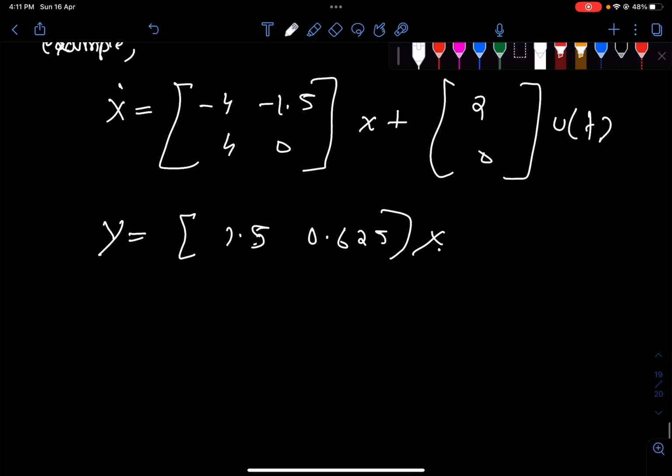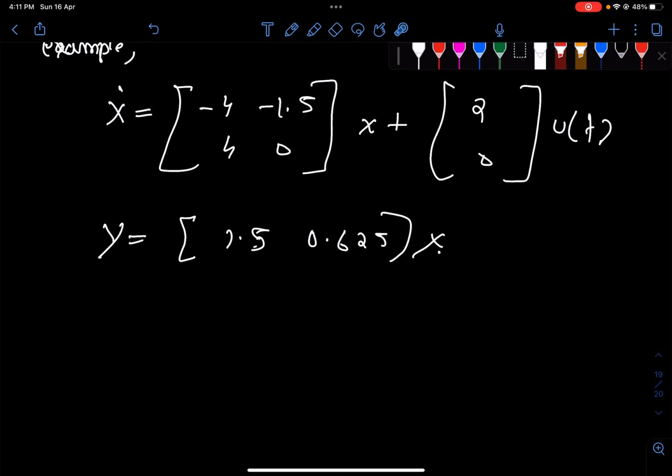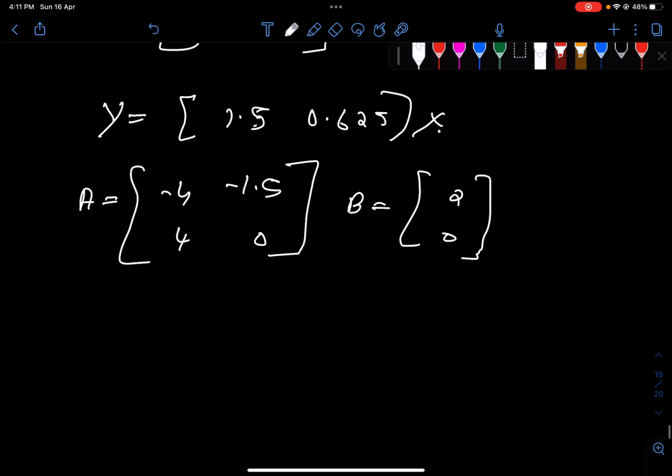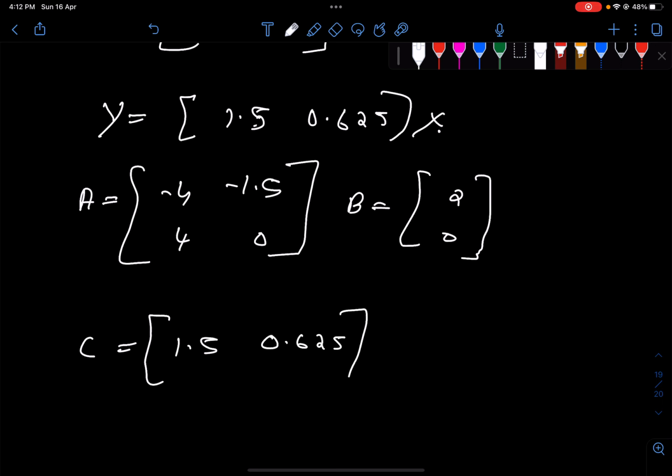From here I can easily write x dot is equal to Ax plus Bu, and y is equal to Cx plus Du. So I can conclude A as [minus 4, minus 1.5; 4, 0]. Very easy, right? And B is [2; 0], right? And C is [1.5, 0.625], and D is equal to the 0 matrix.